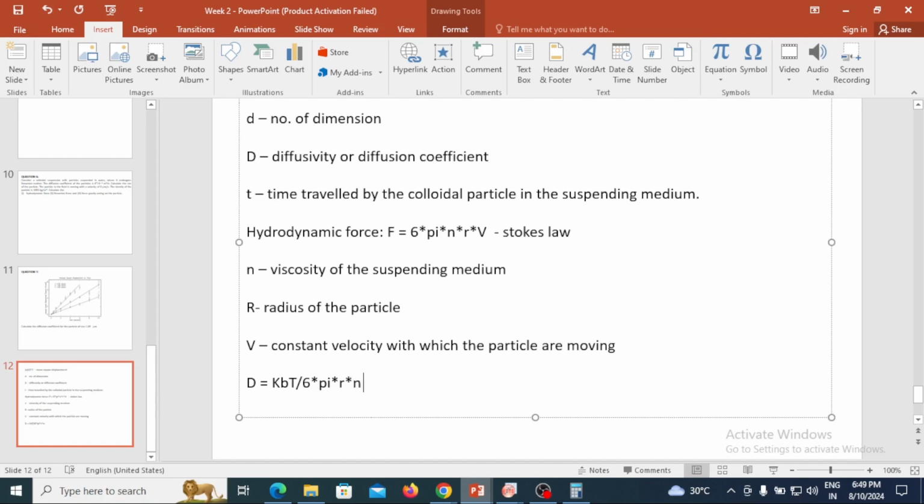So this is the Stokes-Einstein relationship.